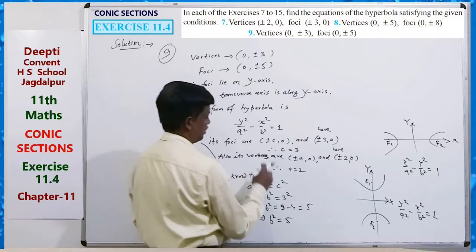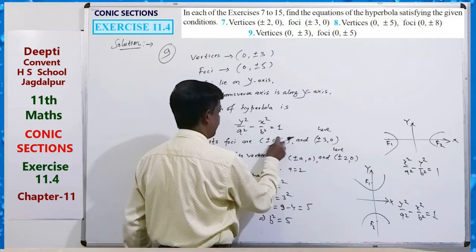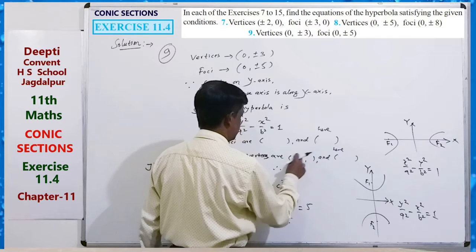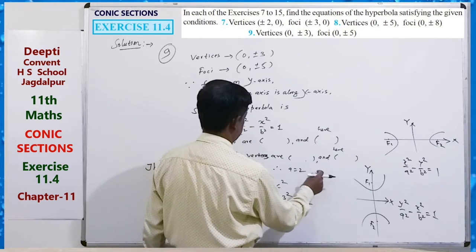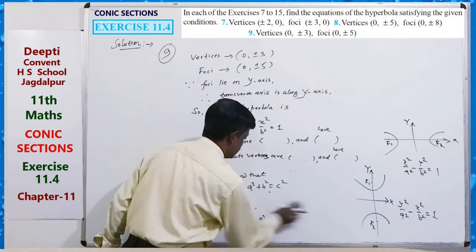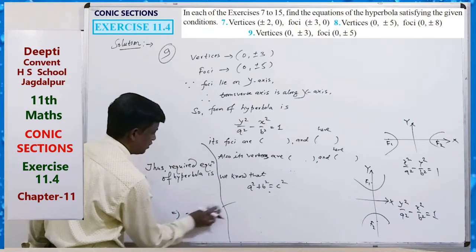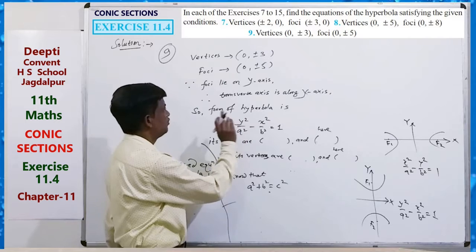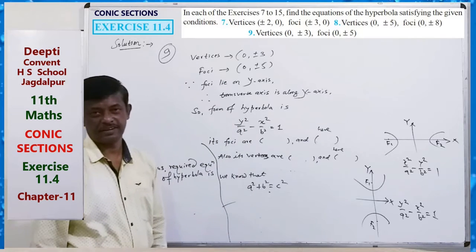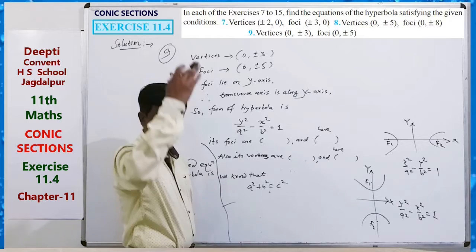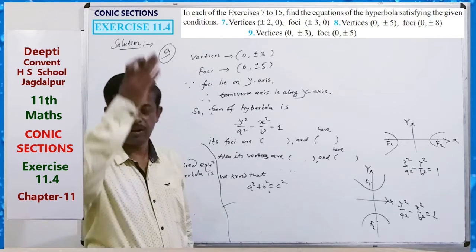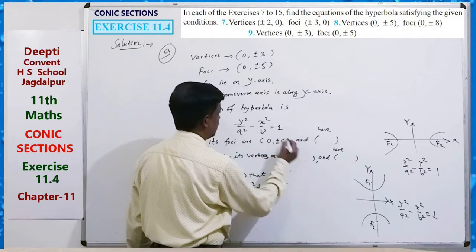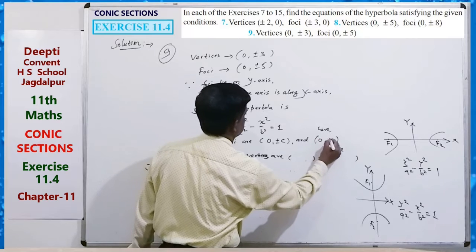Transverse axis along the y-axis, its foci will be 0 plus minus c, and here 0 plus minus 5.